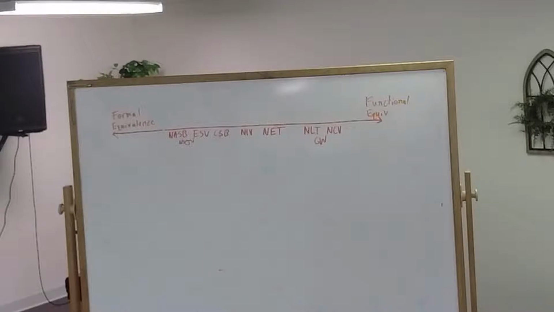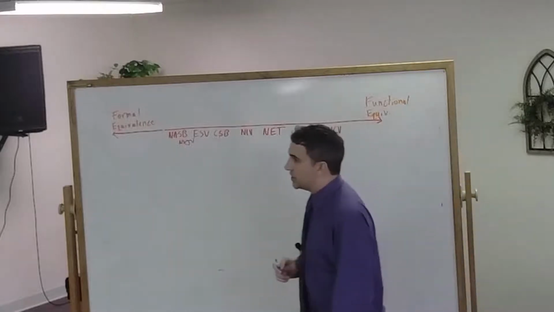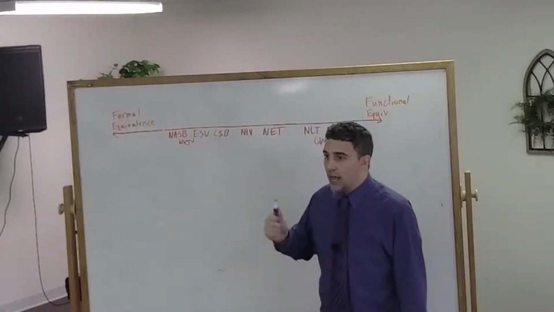So here's one big truth to remember when it comes to this. The difference between ideal and real. If you were to read the preface to the New American Standard, it will say something like, we strive to be as literal as possible.